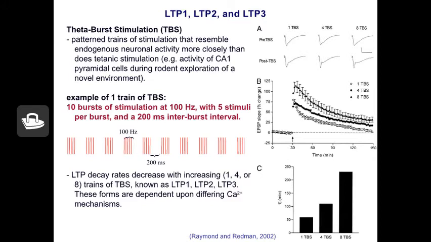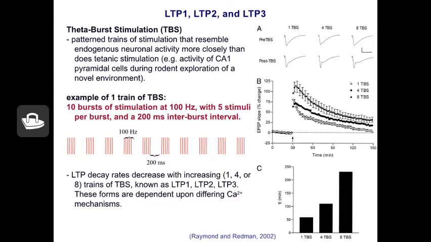They found that the magnitude of the LTP was increased with more trains of stimulation, shown in the graph, kind of in the middle right of the slide. They also found the decay rates of the LTP were decreased with more trains of stimulation, shown again on that graph, but also in the bar graph at the bottom.